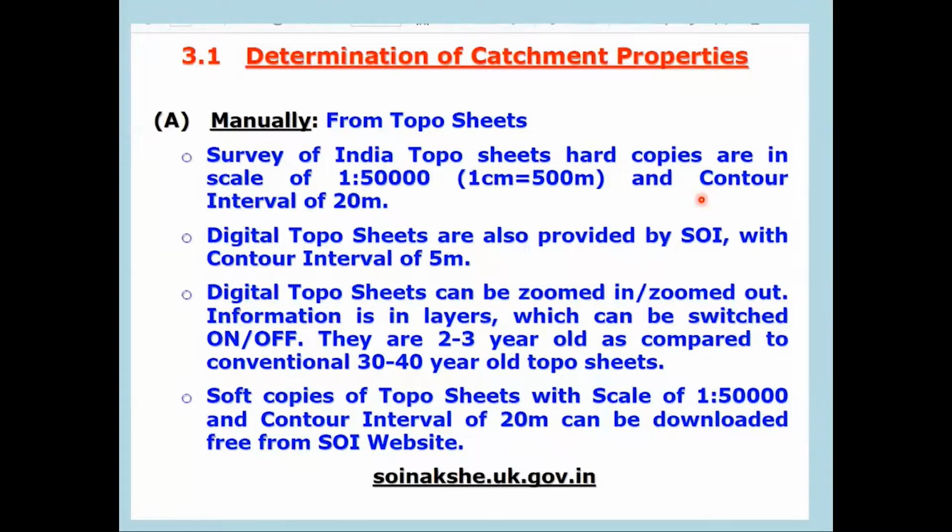The earlier contour maps used to be quite old, 10 to 15 years old, even 30, 40 years old. But the contour maps available on this site are from satellite images and are very recent, only 2 to 3 years old. So they will give you better data.